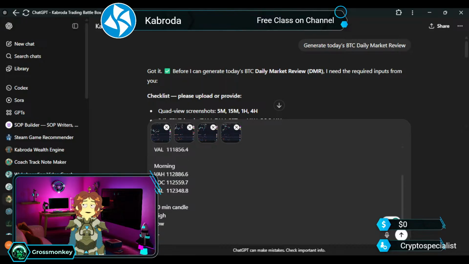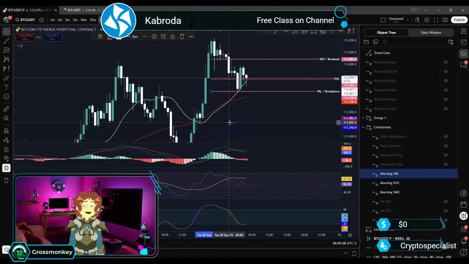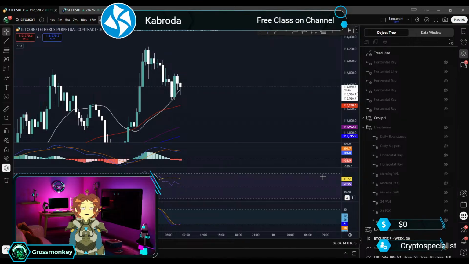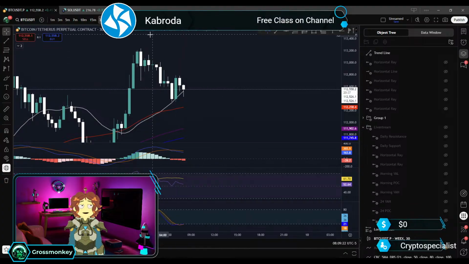So we'll head back to TradingView 30-minute. You can leave these lines on here or take them off. I'll take them off just to make it look a little more clean. And then we're going to go to 7:30, and right under where it says Kabroda up there on my screen, it'll have the high and the low, H and L. There'll be some numbers next to them. So H, it'll be 112,780.